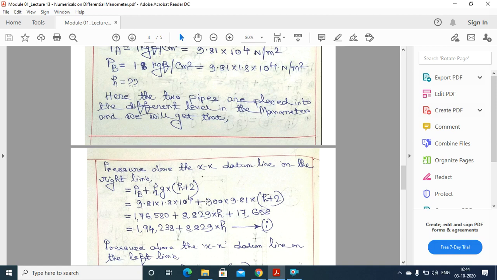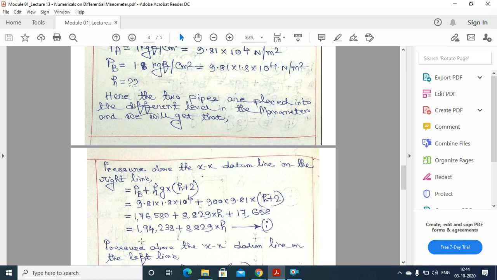After solving this, we will get 1,76,580 plus 8,829 into h plus 17,658.